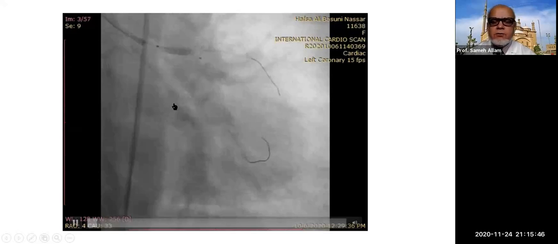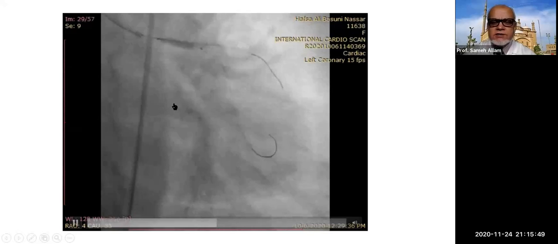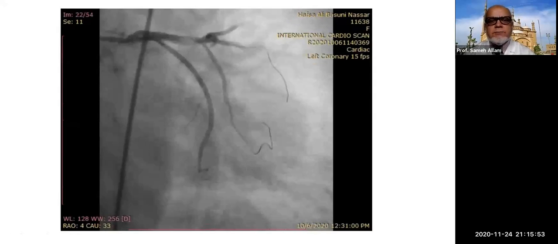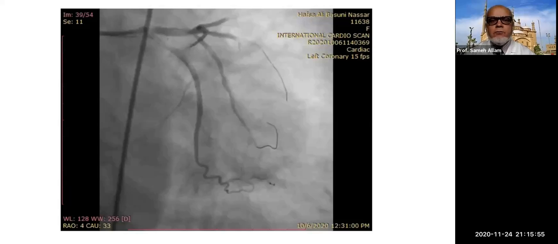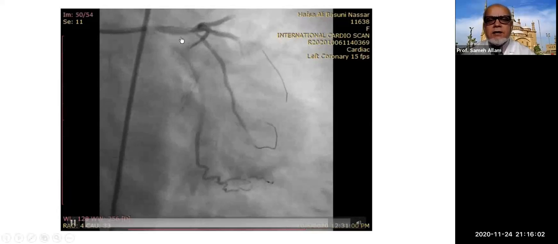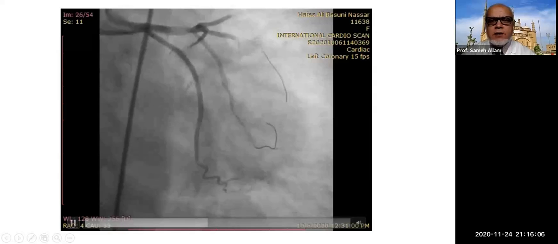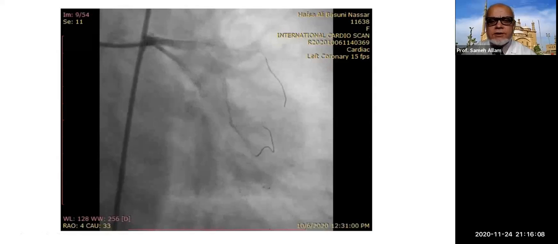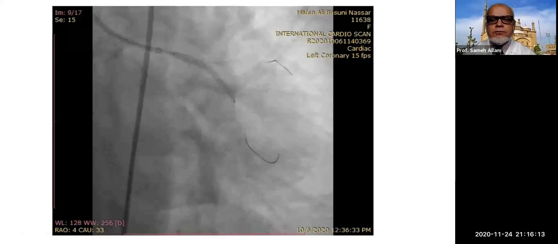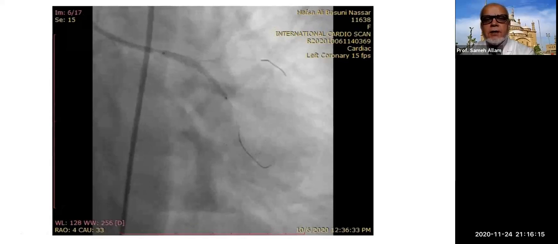I inflated the balloon in the area which I suspected the dissection to be in. There is a little bit of flow now, you can see, but there is a hematoma forming here and it starts again occlusion of the LED. But anyhow, we have a flow in the three major branches of the LED. Immediately, I put the stent and inflated the stent.